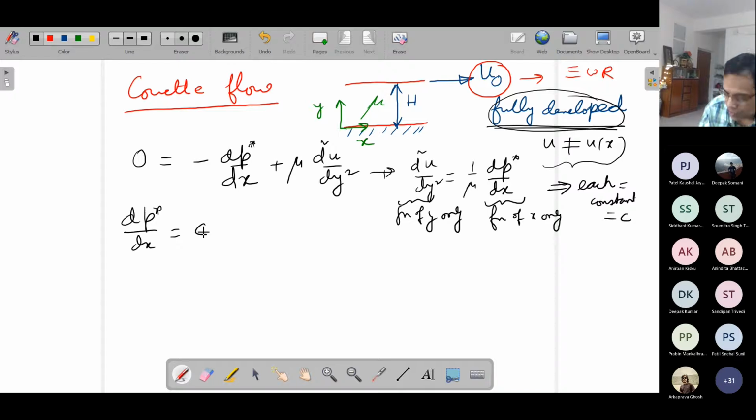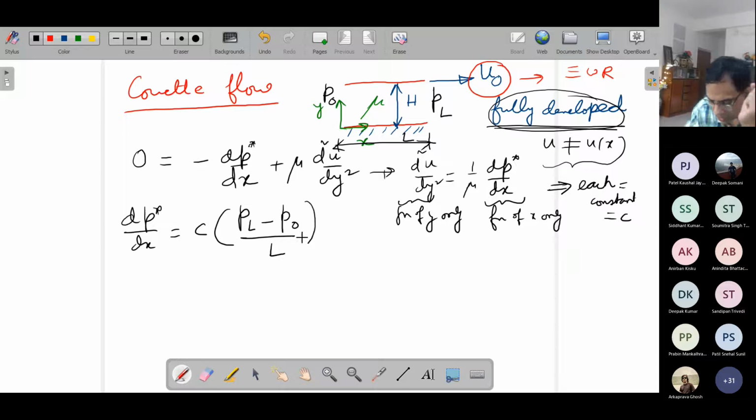That means p star versus x is linear. If you consider a length of L, with p at 0 called p0, and p at L, this is nothing but p at L minus p at 0 divided by L. If dp/dx is constant, p versus x is linear, and this is the slope of the straight line.